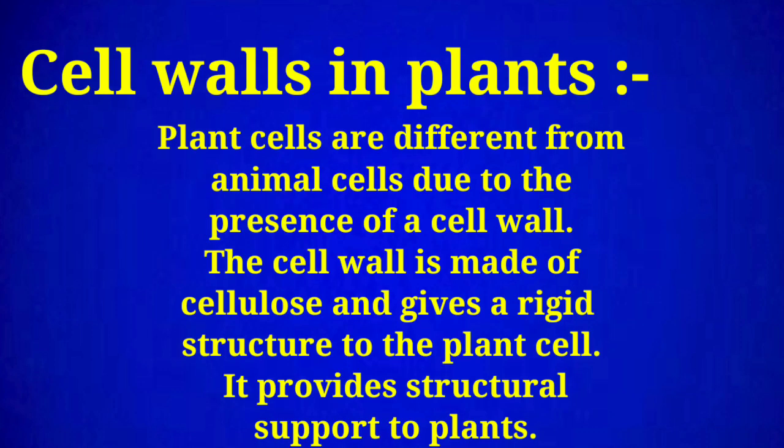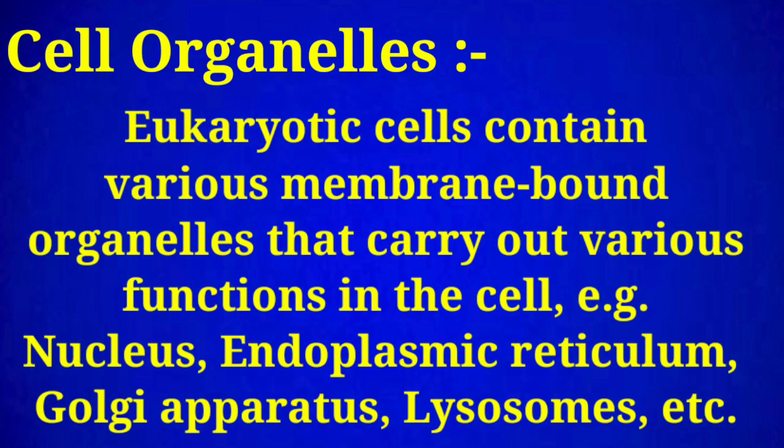Cell wall in plants. Plant cells are different from animal cells due to the presence of a cell wall. The cell wall is made of cellulose and gives a rigid structure to the plant cell. It provides structural support to plants. Cell organelles.